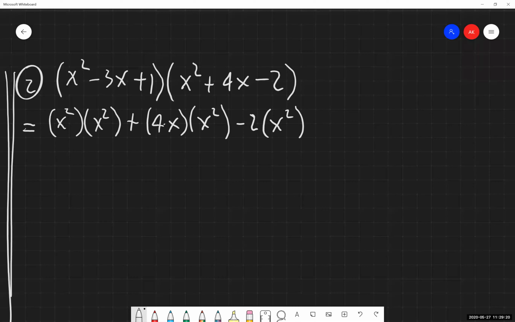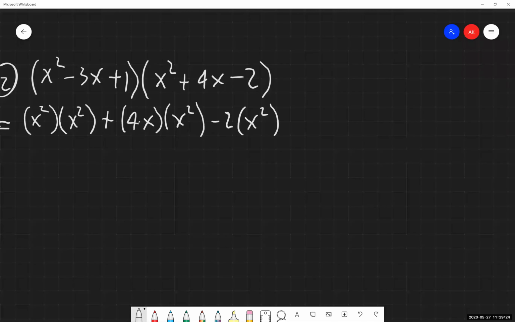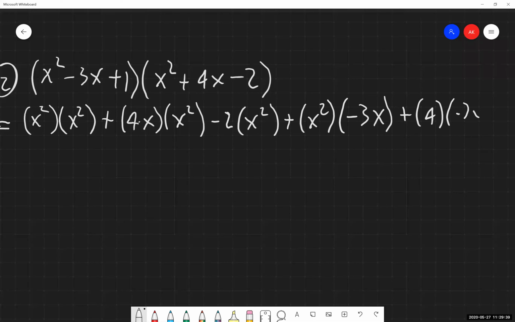Now I'm going to be doing the same thing, but with this minus 3x. So I have x squared times minus 3x plus 4 times minus 3x. I'm going to bring this part down here, but we're continuing.